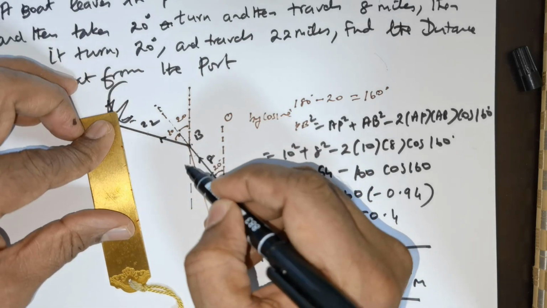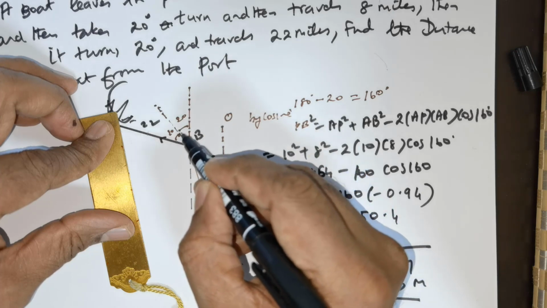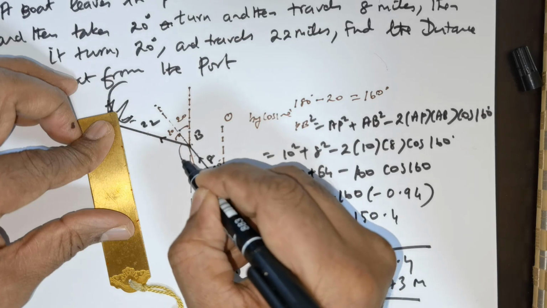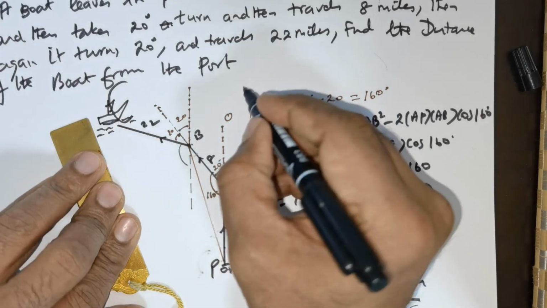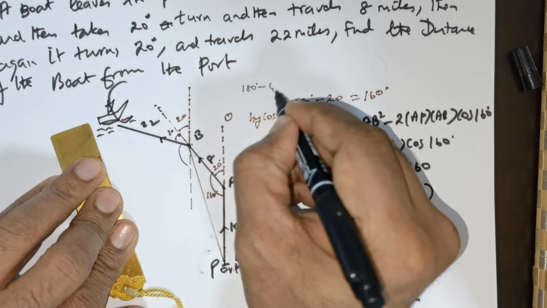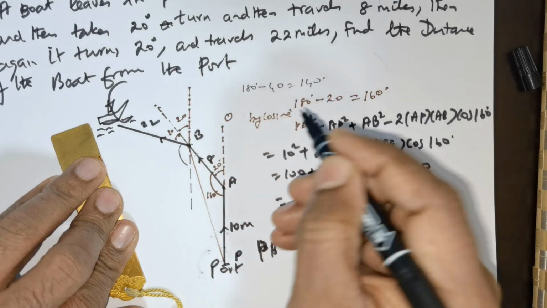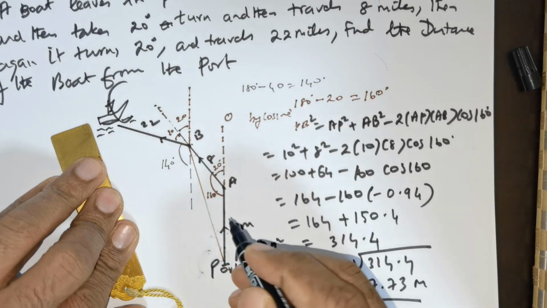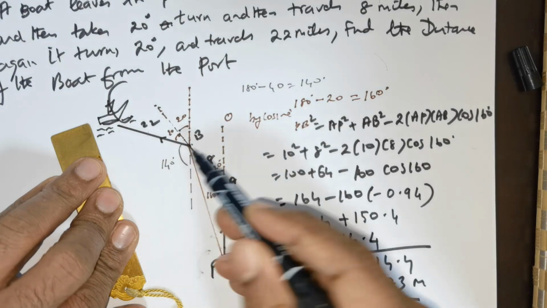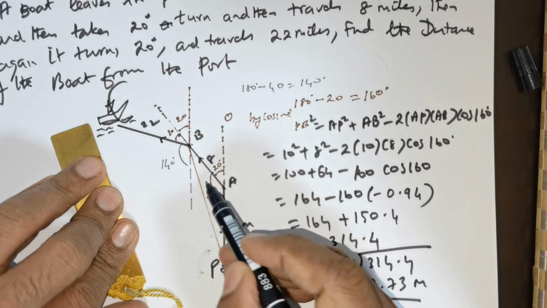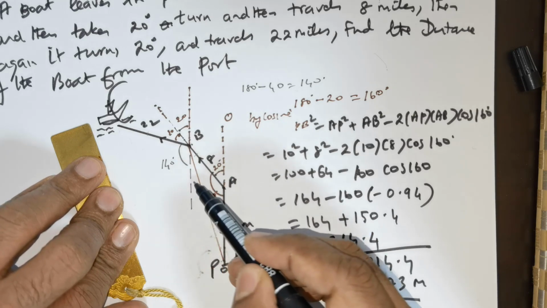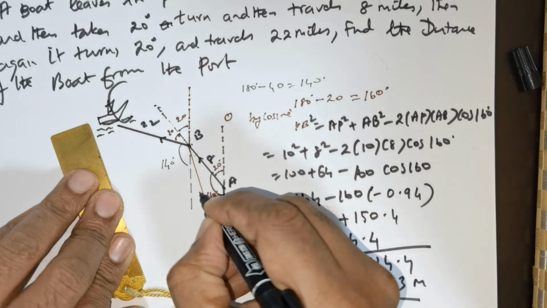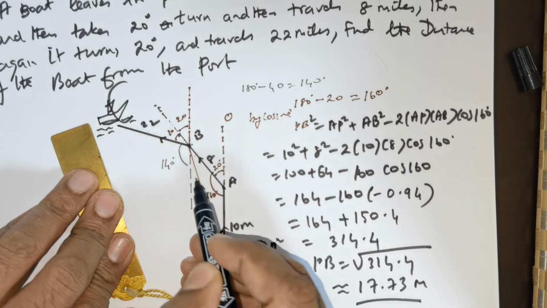So from 180, if I take away this 20 and 20, I get 180 minus 40 is equal to 140. So this is going to be 140, but I don't want this. I want to get this entire angle, right? So this is what is required.